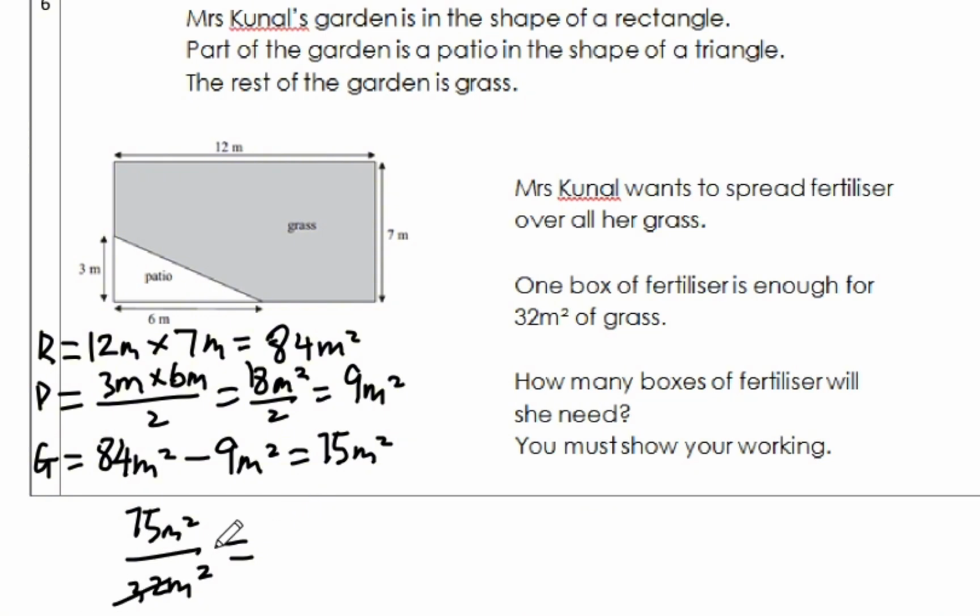And now we will take 75m squared over 32m squared. Which is 2 times 32, 64, 75 minus 64, which is 11 over 32.